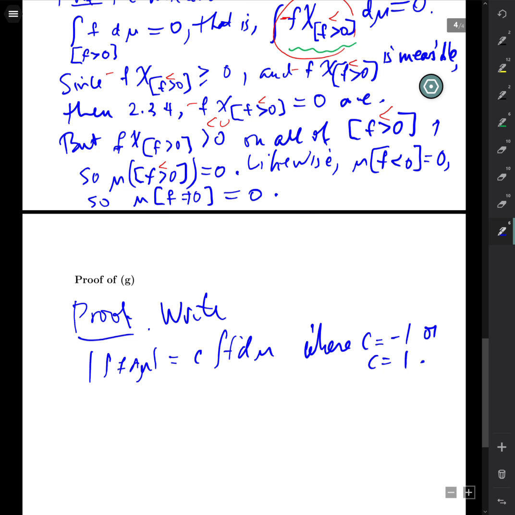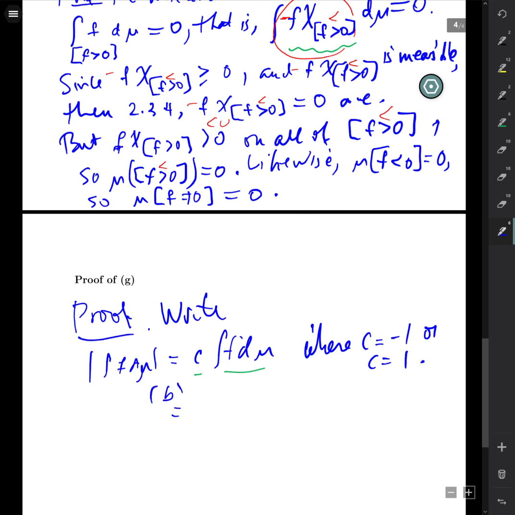Accordingly, if the integral itself is positive, c is 1. If the integral itself here is negative, then c would be -1. So we can use either plus or minus, and if the integral is 0, it doesn't matter what we use. But by the theorem that we just, well, part C, part B, I should say.